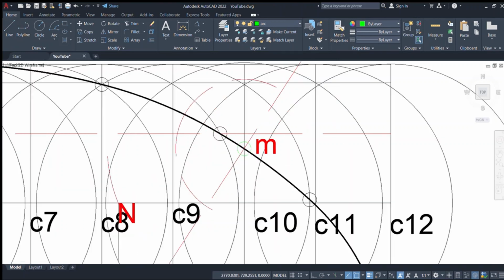So we draw a line at this point, 90 degrees.